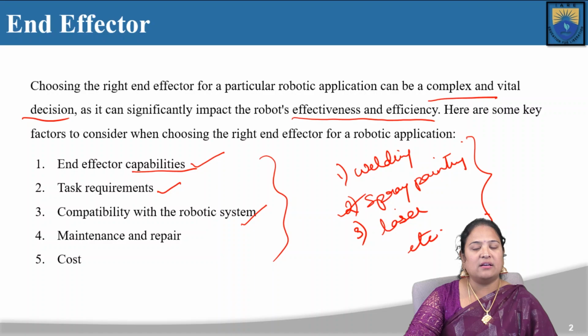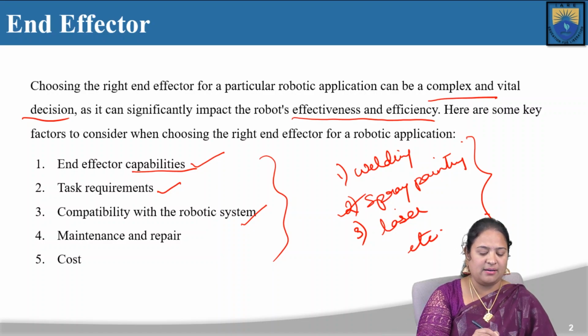There also the design of the end effector should be done in such a way that it is compatible to work in any constraint, whether it is a marine industry, or any automobile industry, or any sort of welding industry. Wherever we are working in that particular form, the end effector should be compatible to work with the robotic system.